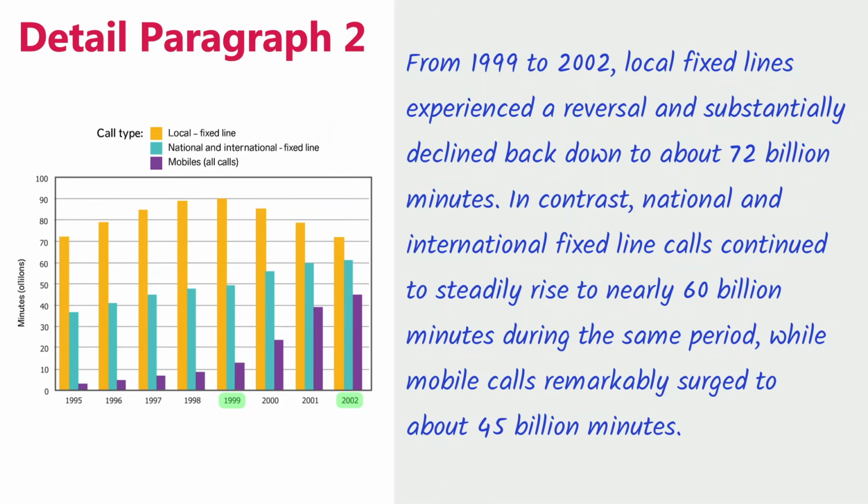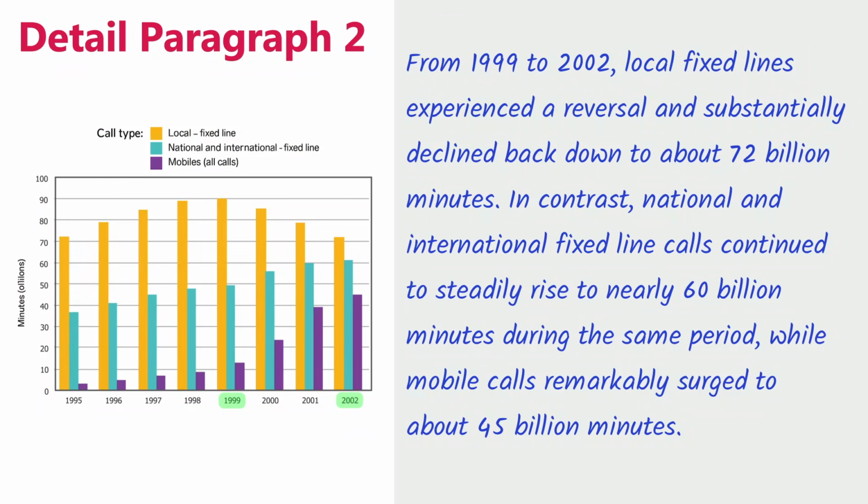So, did you see what I did here? In the previous paragraph, I wrote the numbers in 1995 and 1998, and here I wrote only the data in 1999 and 2002. So there is no need to write about 2000 or 2001.